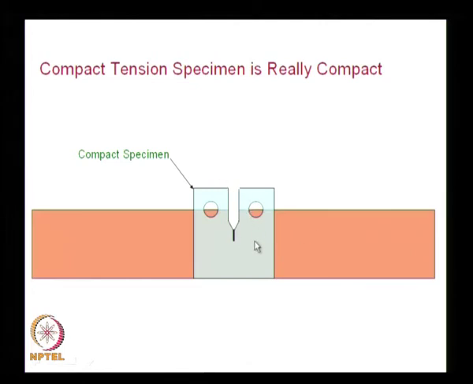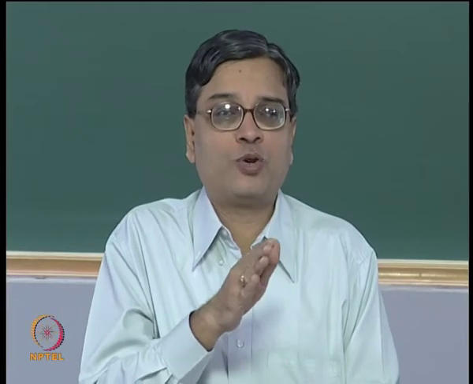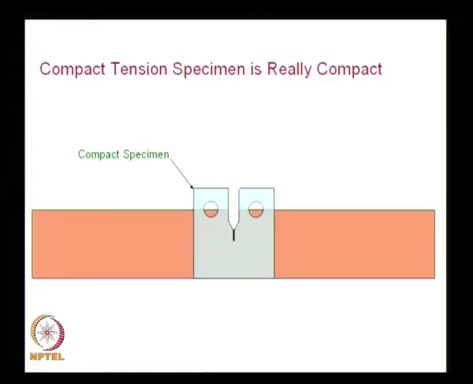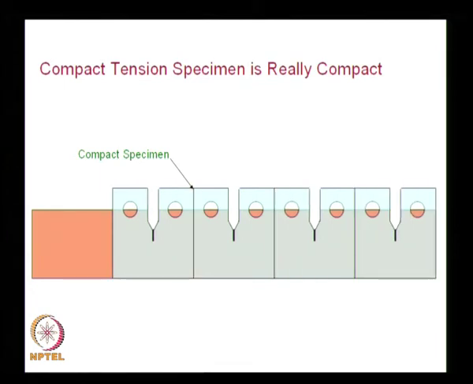So, it is going to occupy less space and you can also take them out periodically, and all these operations have to be done by robots because it is all radioactive, and people have developed robots only for this purpose, and this is done in the nuclear industry from a safety point of view. And you can actually pack as many as 5 specimens for one 3-point bend specimen. So, this really shows the compact specimen is really compact.